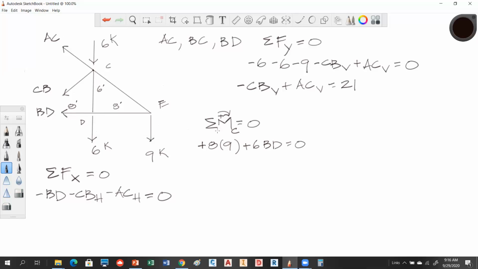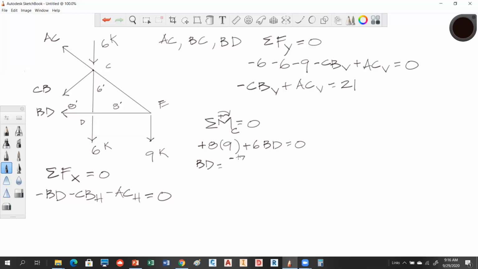Now what you should notice, since I have both pluses here, that's going to give me a negative answer. And that's okay. It just means it's going to be in compression, right? So 8 times 9 gives me a 72. It's going to come over as a negative 72.